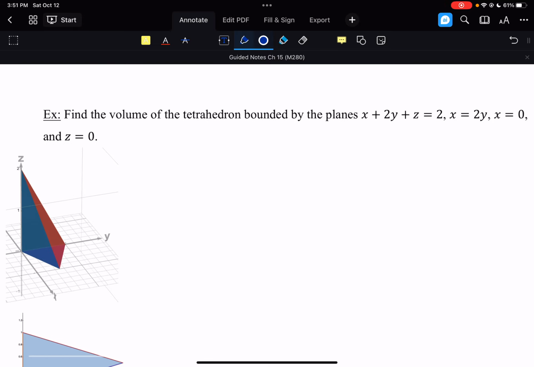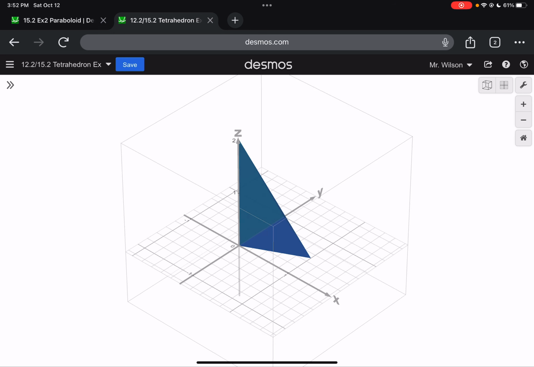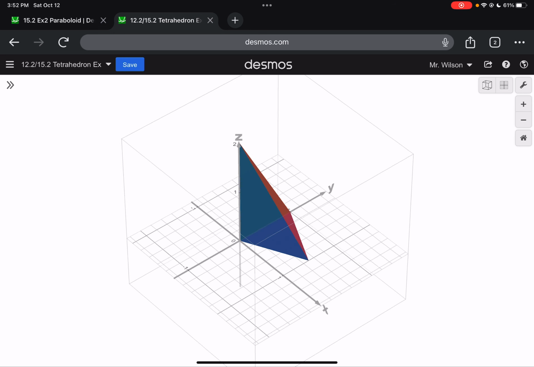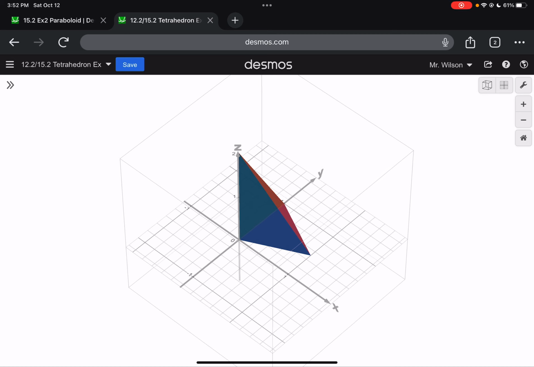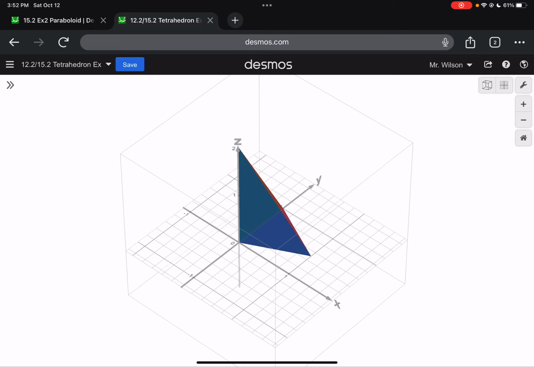This blue one on this side is x equals 2y, which is the same thing as y equals 1/2 x. And you can see the line on the xy plane down there, right? It goes up 1/2 over 1 with a slope there.